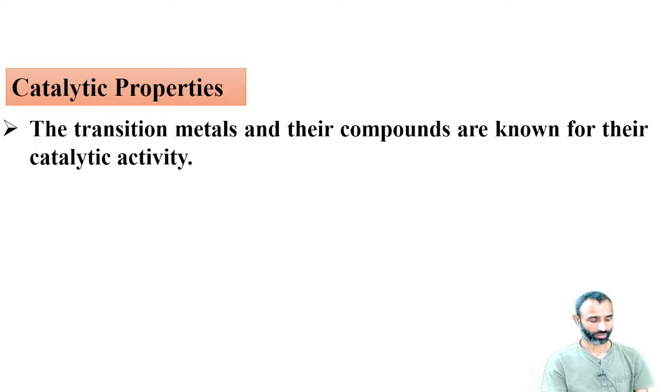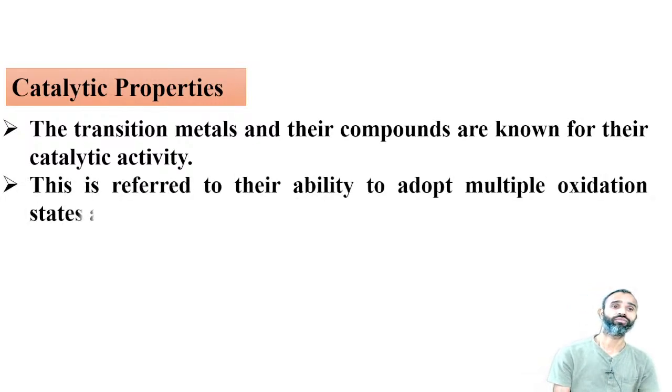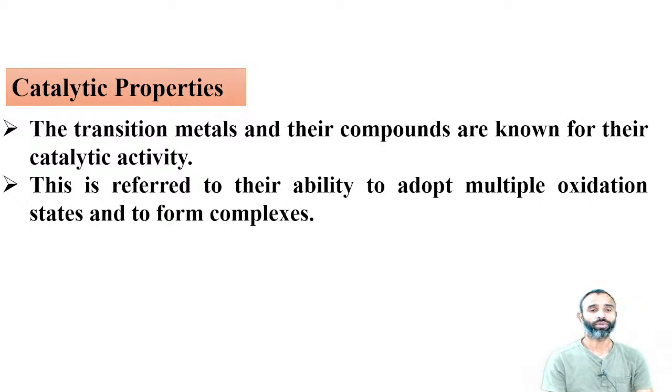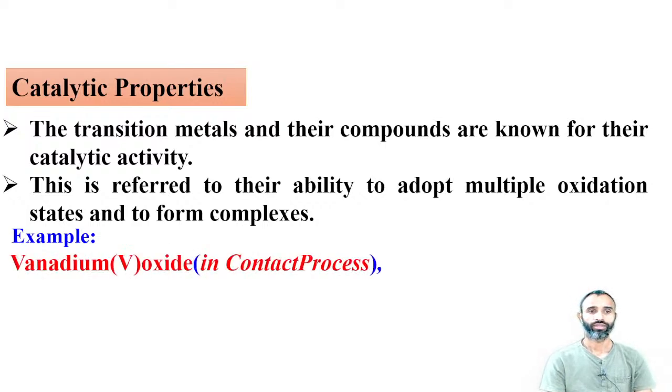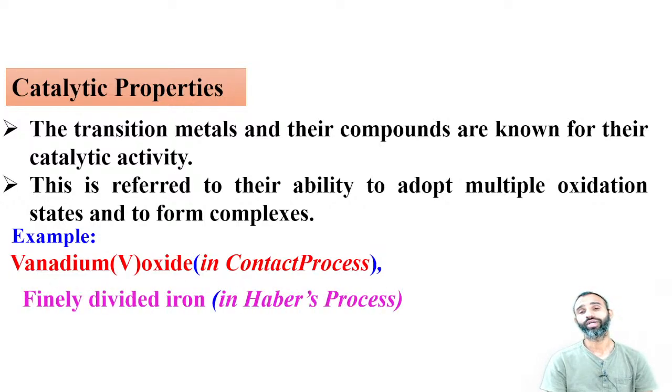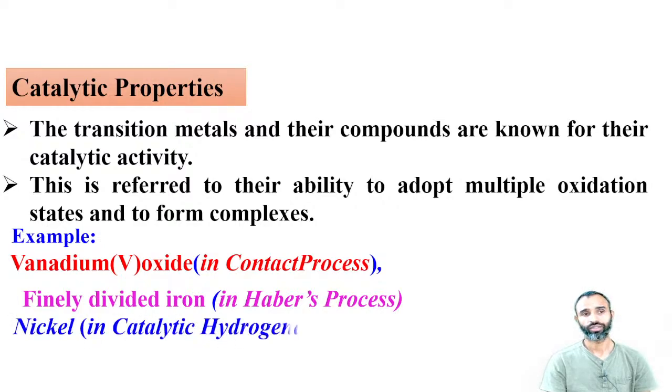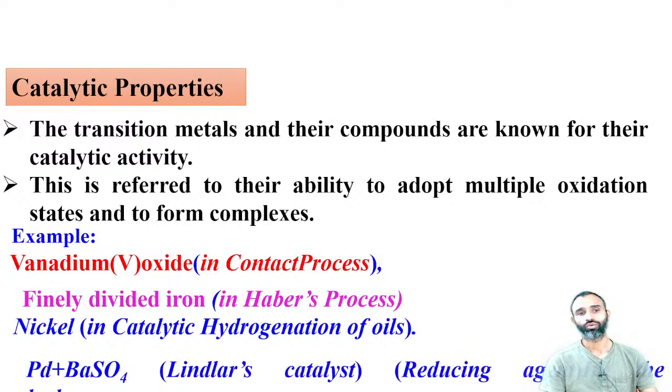So transition elements and their compounds are known for their catalytic activity, and this is referred to their ability to adopt multiple oxidation states and to form complexes. Examples are vanadium oxide in contact process, finely divided iron in Haber's process, nickel in catalytic hydrogenation of oils, palladium with barium sulfate as Lindlar catalyst that we have covered.